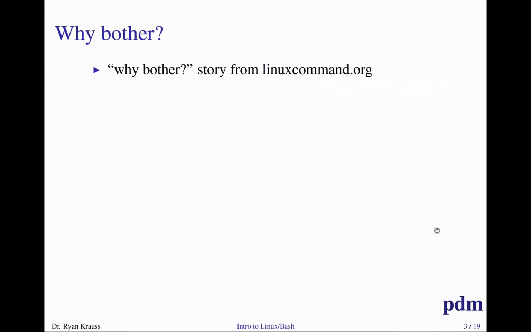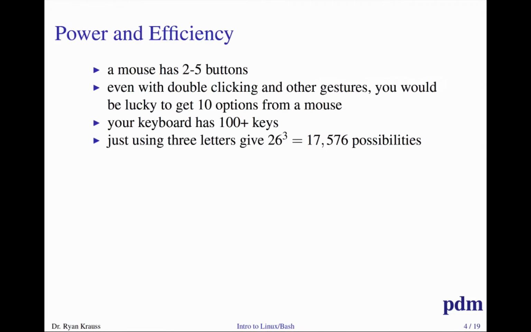So there's a lot of power available to you on the terminal, and I want you to know how to tap into at least a little bit of it. As I mentioned, I think it's a lot more efficient than using a mouse. Some of your fancy pants mouses might have 4, 5, 6, maybe even 10 buttons nowadays, and you got some scroll wheels and some other things.